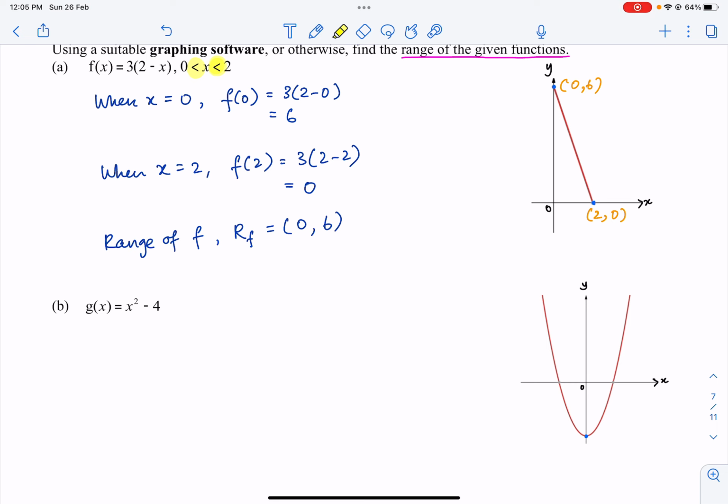Okay, moving on to part B. You are given a quadratic function. Notice that the domain is not written down, so by default, x will take on all real values. And you can actually find the minimum point on the graph.